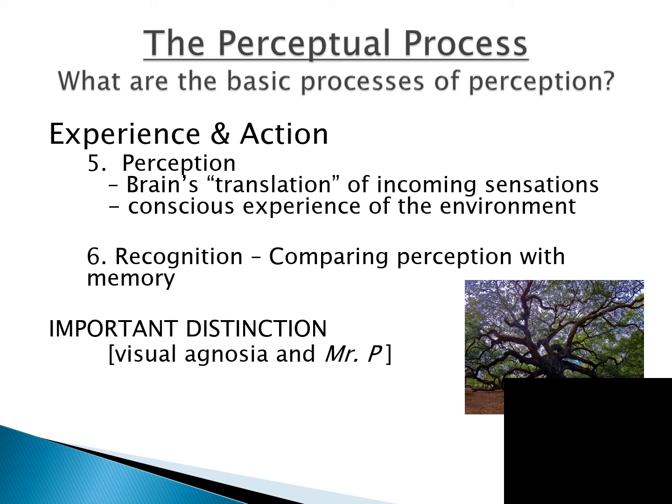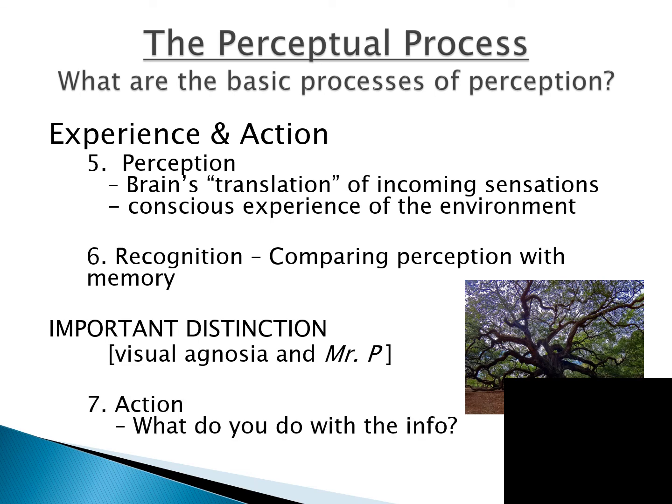And Mr. P says, "I don't know, maybe it's a purse for 5 different sized coins." So really not putting together that perceptual information with memory for objects and being able to recognize these objects. And again, this is because the damage to the brain is higher up in cortical processing.